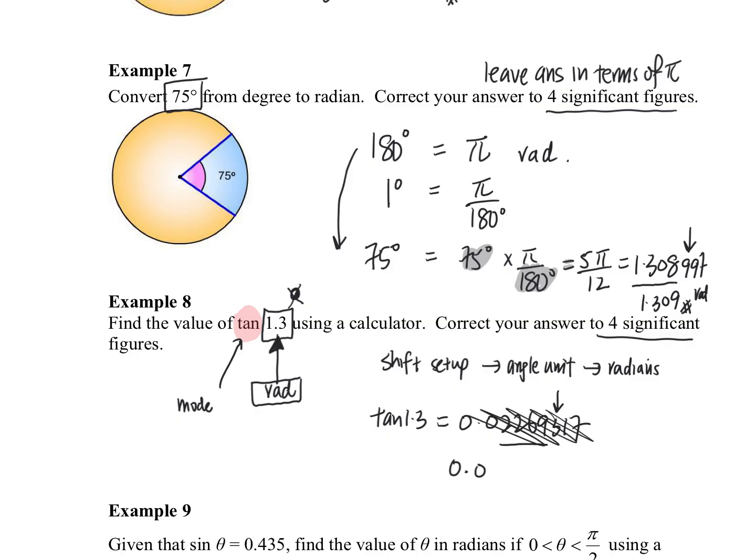If you don't change to radian, your answer will be very weird. Surprisingly big or surprisingly small. Sometimes math error. So 3.602 for 4 SF. Okay, take note, this one has no units. You don't go and write rad or degree or anything. Tangent of an angle is a ratio. Ratio has no units.